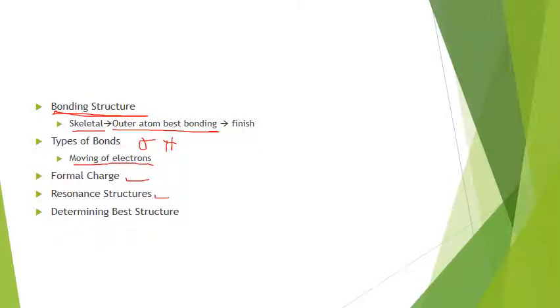If you can figure out different structures, you can figure out the best structure based on resonance, formal charge, and octet. So what we're going to do next is see how this applies to the actual three-dimensional structure of these molecules.